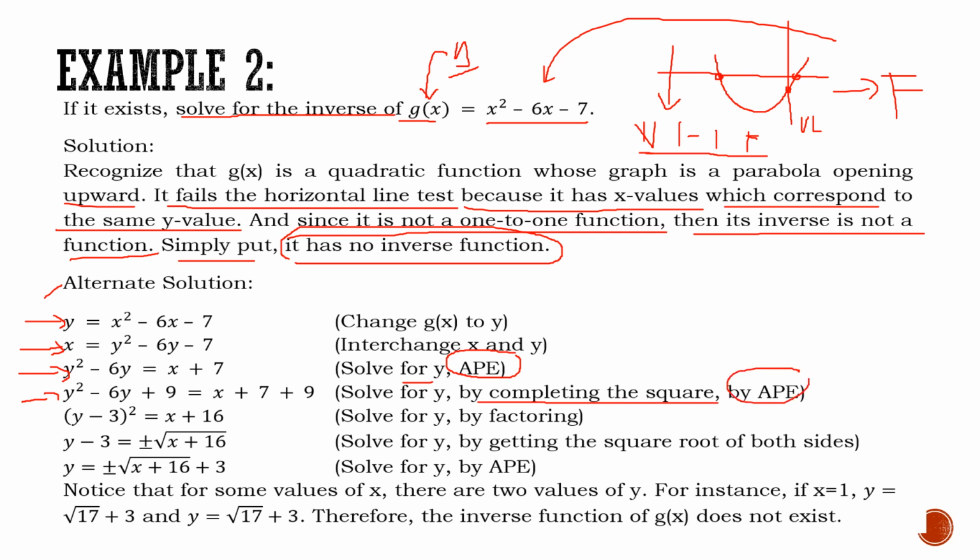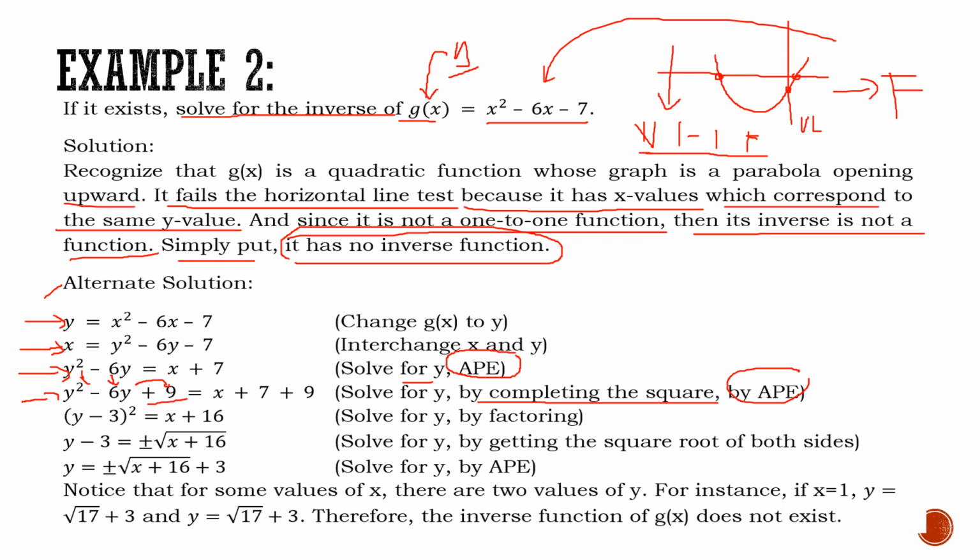We copy the first term and second term, then we divide this negative 6 by 2, that will be negative 3. Negative 3 squared is equal to 9.